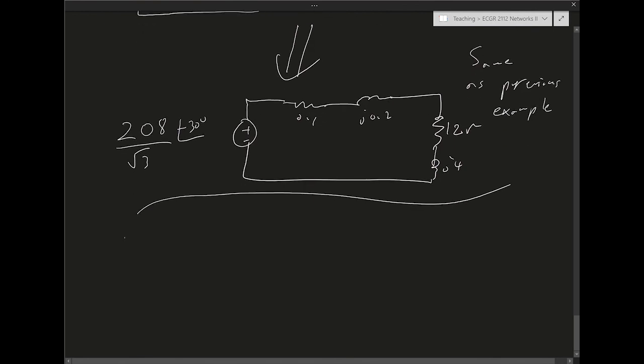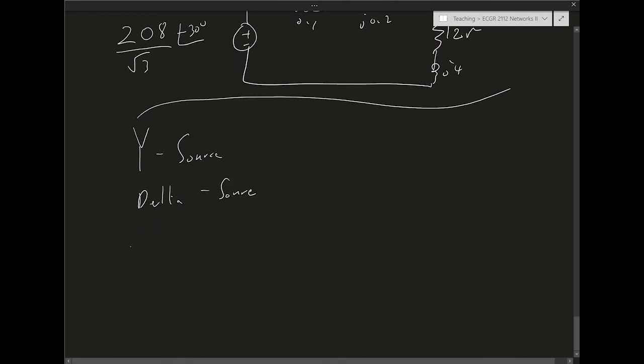Now let's talk a bit. So we talked about Y source, delta source. Right. Let's talk about delta connected load.